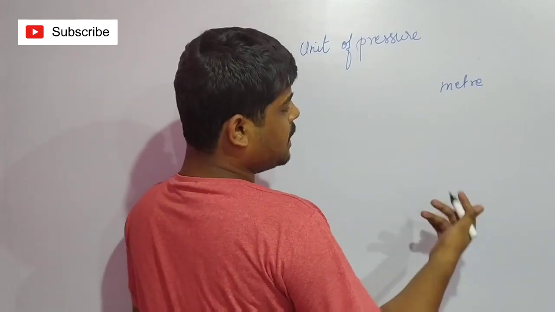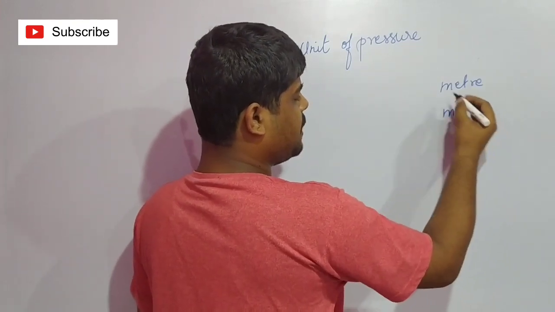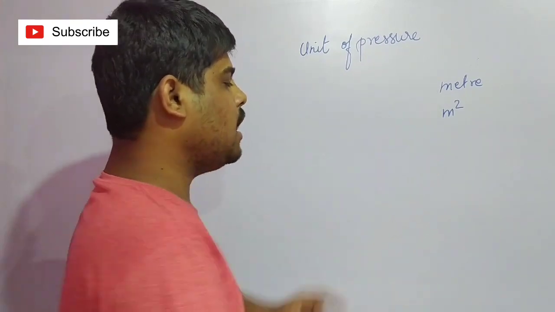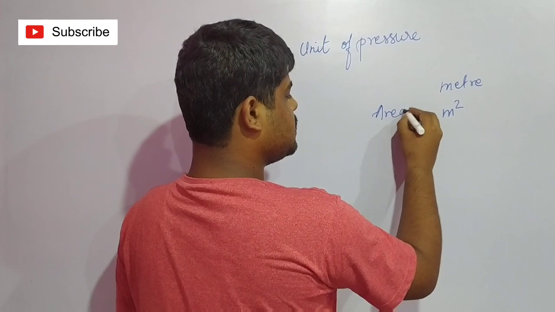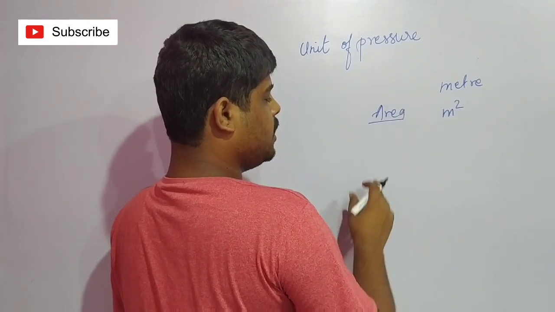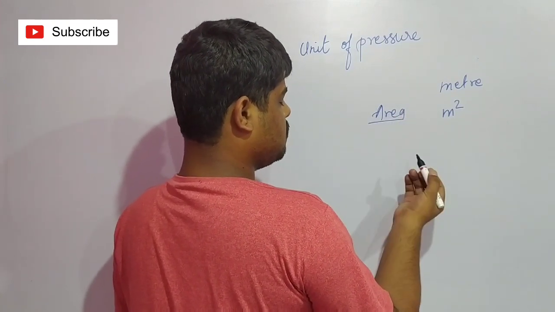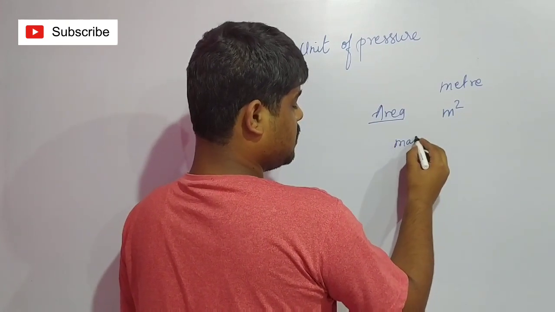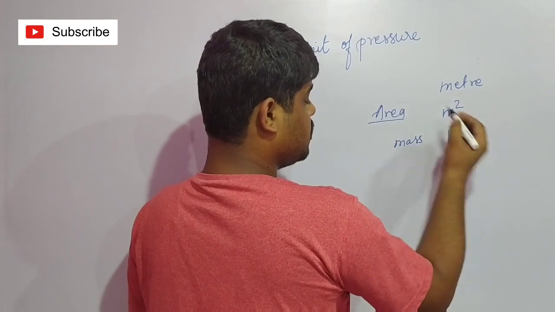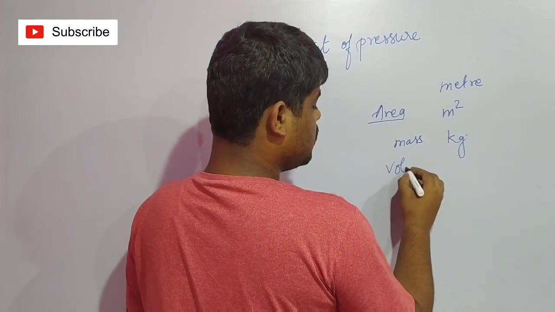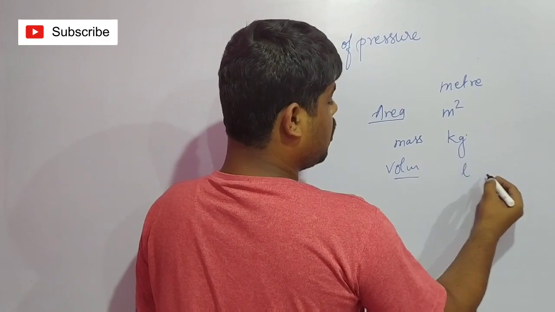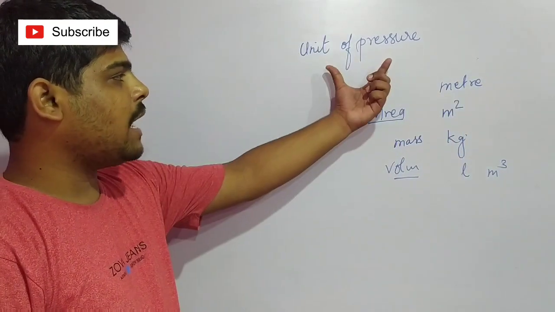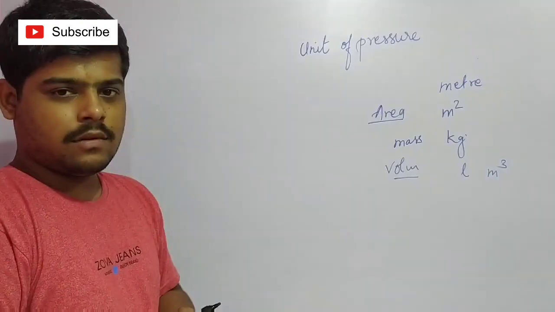The unit for area is meter square, as we discussed in the previous class in maths. The unit for mass is kg. The unit for volume is liter or meter cube, as we discussed in the previous class. So pressure also has a unit.